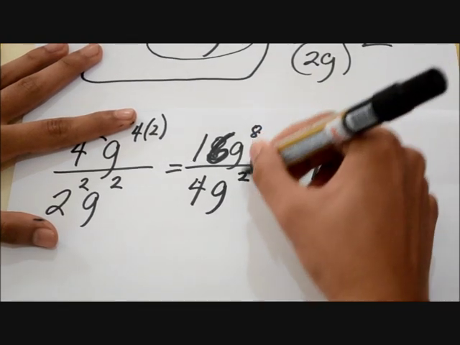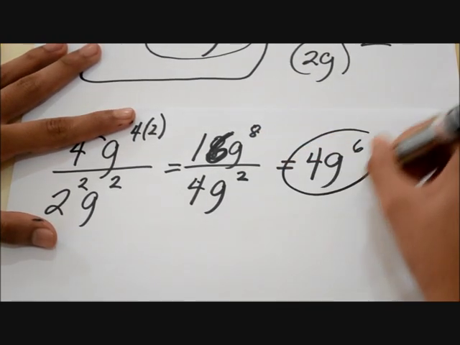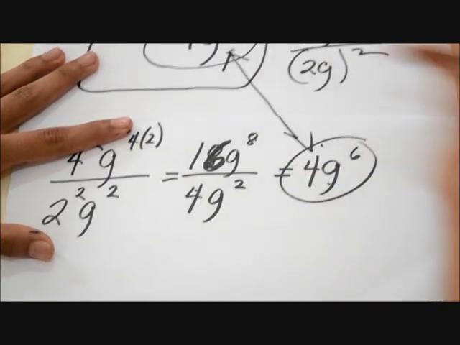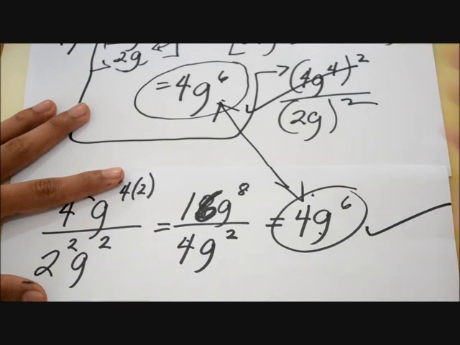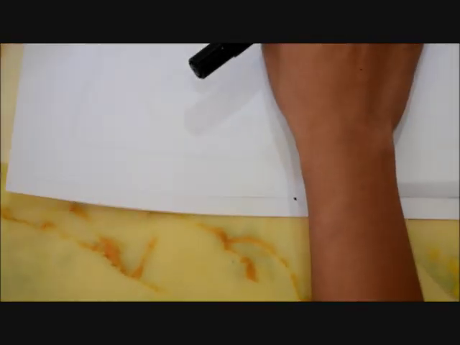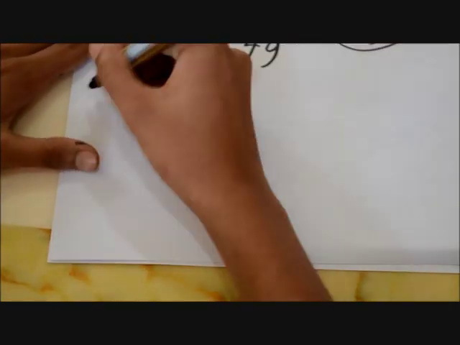Then perform again the division of the constants and exponents. That would give us 4 grams raised to the power of 6, which is equal to your quotient earlier using a different method of solving.